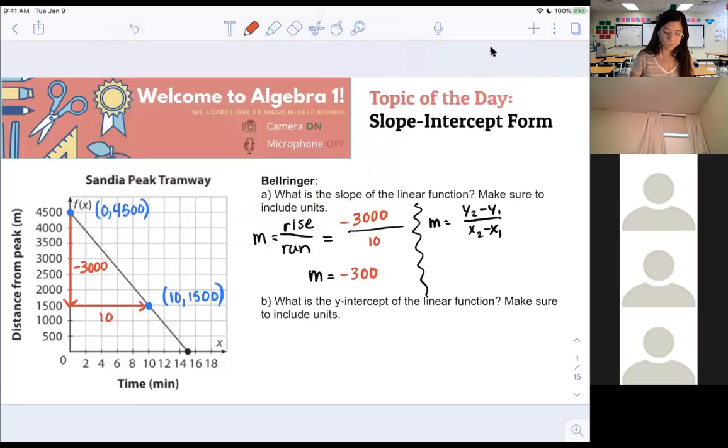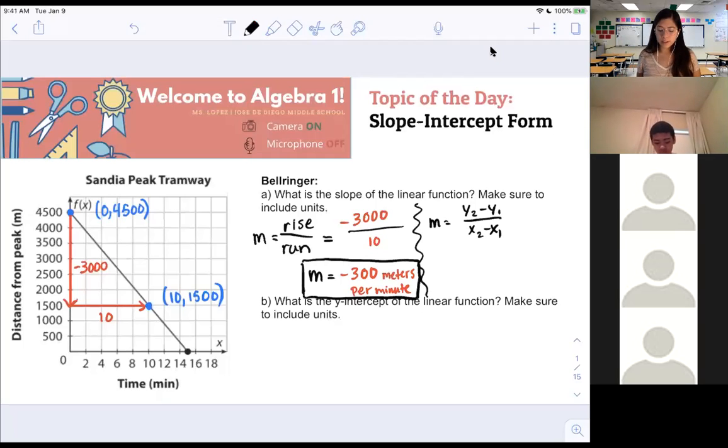Meters per minute. And remember, your slope always tells you the speed, how fast, whatever you're measuring. So here, it's telling me that the tram or the truck or the train is going at a speed of 300 meters per minute. So slope is always speed.